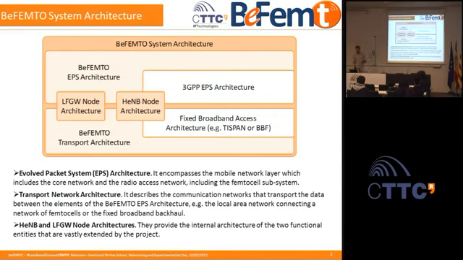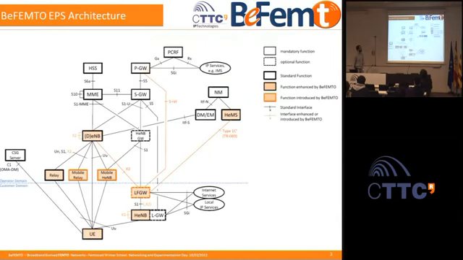So these are two of the main key building blocks where we do things in BeFEMTO, the local femto gateway and the Homing Node B. So don't worry about this architecture. It should sound more or less familiar from the first day, Andrea's Mather presentation from NSC.